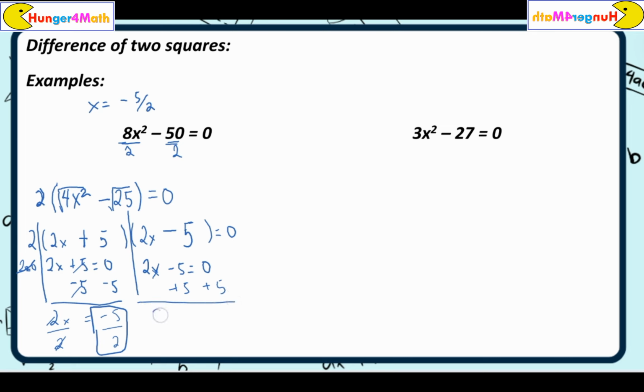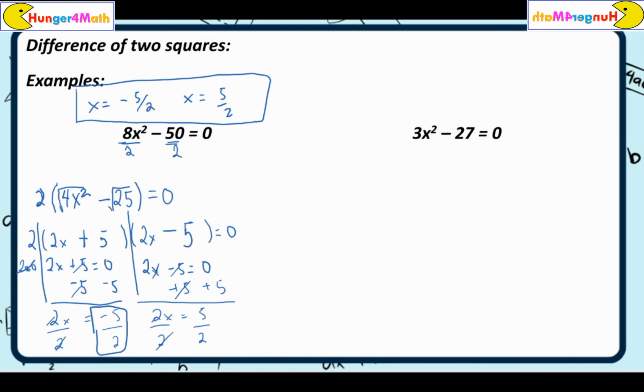Then bring down 2x, so this becomes 0 is equal to 5. Then divide both sides by 2. So the value of x will be x is equal to 5 over 2. So these are the two answers for our quadratic equation, which are negative 5 over 2 and 5 over 2 for the value of x.